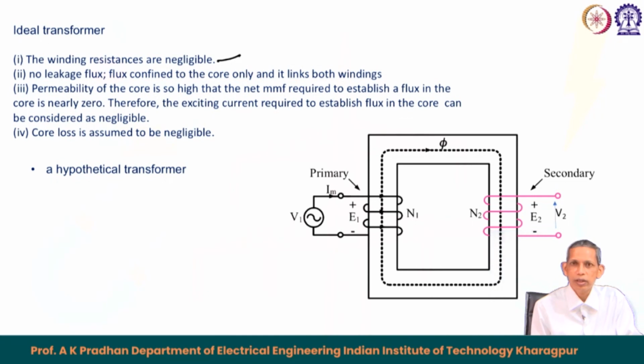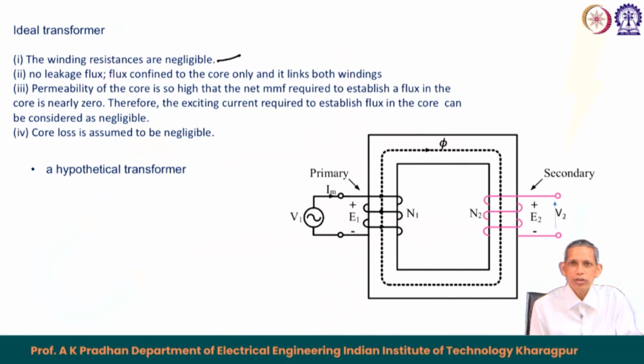Permeability is very high, so the relative permeability mu r becomes much higher. Therefore, the exciting current I m required to establish flux in the core becomes negligible. And the fourth point is that the core loss is assumed to be negligible, no hysteresis and eddy current loss.